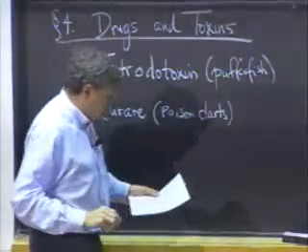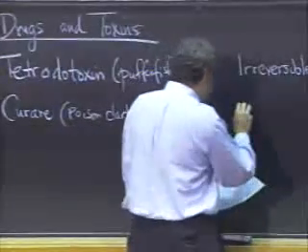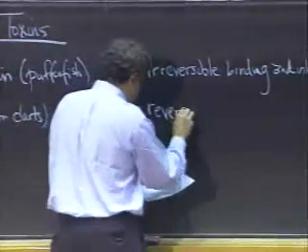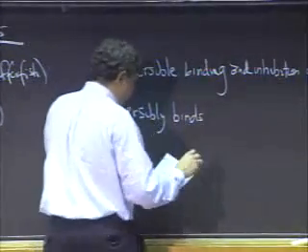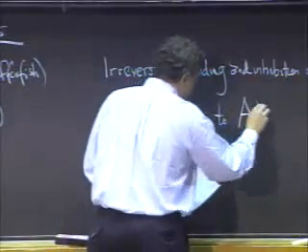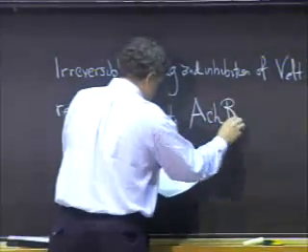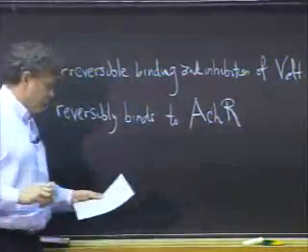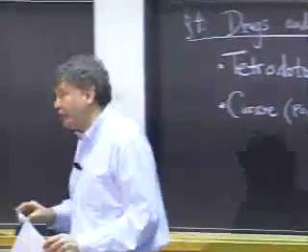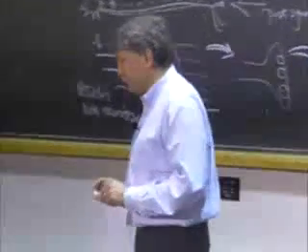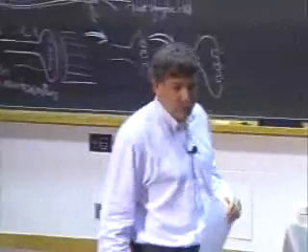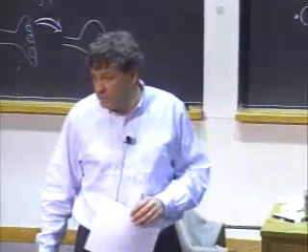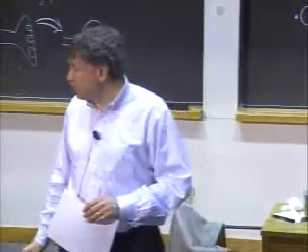What curare does is it reversibly binds, still not good, but it's a reversible binder to the acetylcholine receptor, and it blocks the binding of acetylcholine. Your acetylcholine receptors, therefore, cannot respond to your acetylcholine. What will that do? A flaccid paralysis, because you're unable to move your muscles.